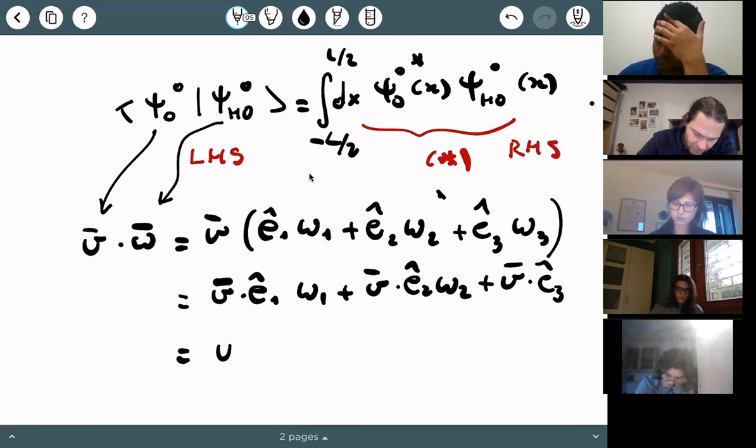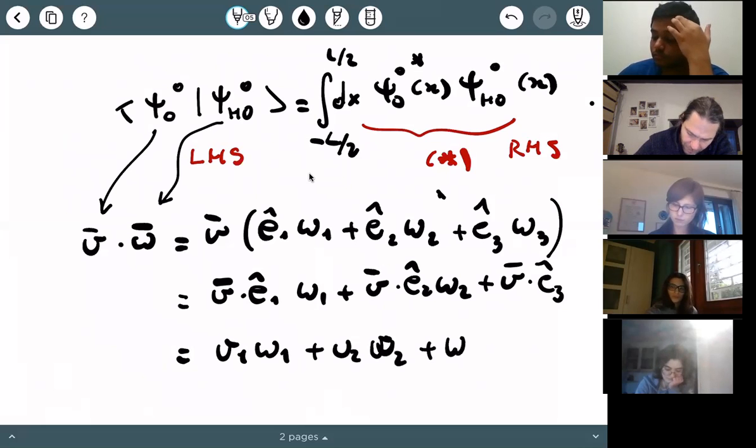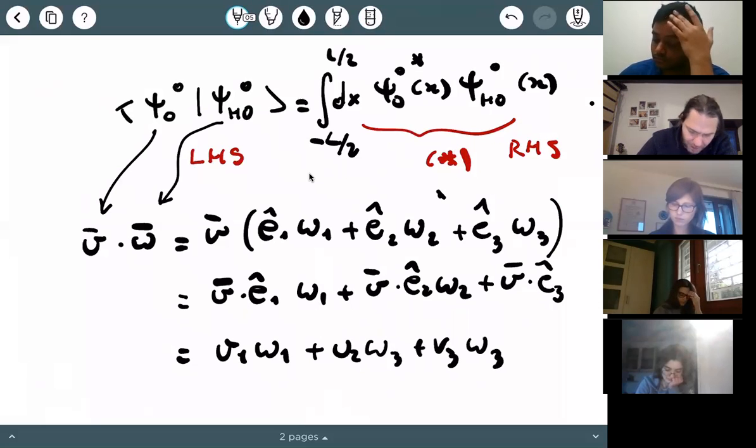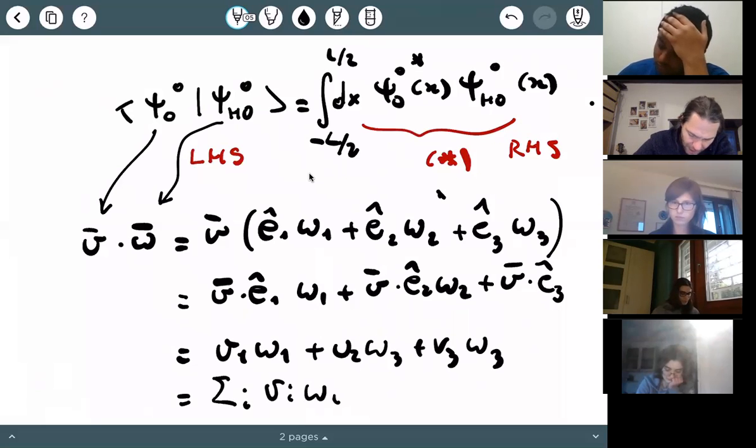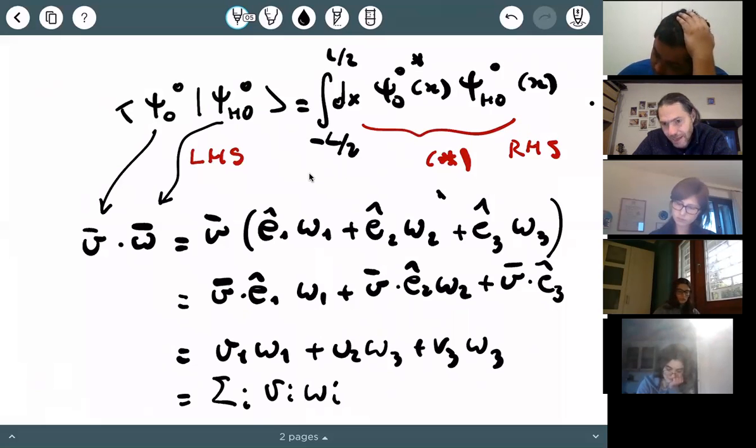In turn, this is V1 W1 plus V2 W2 plus V3 W3, and you can collect this into the sum over i of Vi Wi. You're well familiar with this trivial derivation.